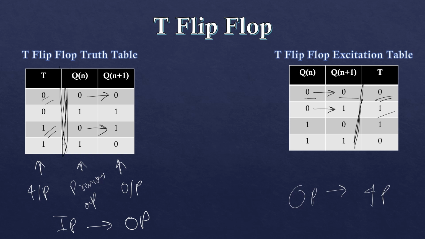So we have written T value as 1. From 1 to 0, here it is, what was the T value? 1. That is why we wrote 1. And from 1 to 1, you can see in the second row, the T value was 0. That is why we have written 0. This is how you can construct the excitation table from the truth table itself. And it is very much important when we try to solve the counters part.